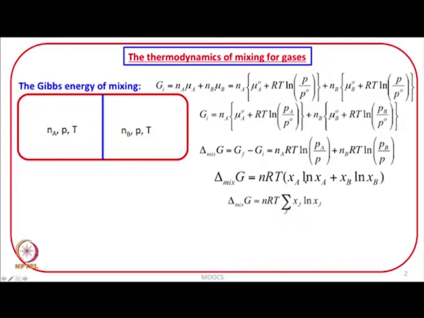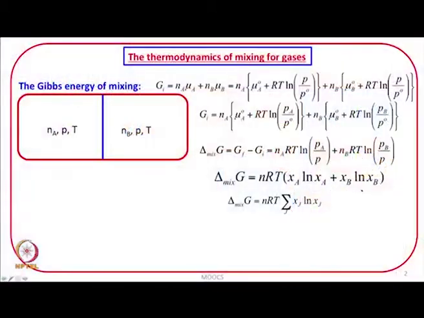Log x a will be negative, log x b will be negative, and overall free energy of mixing is going to be negative, and that is consistent with the system tending towards lower energy. So, delta G mixing in all proportions, because mole fraction is always less than 1, the gases will be miscible and free energy of mixing is negative.